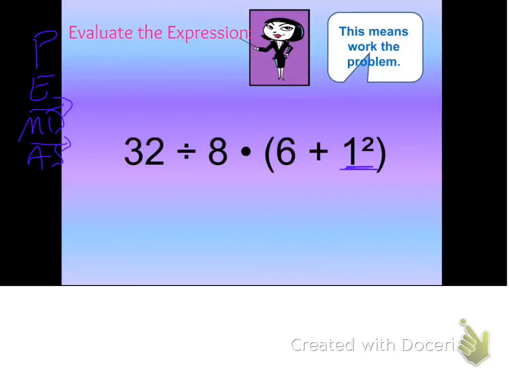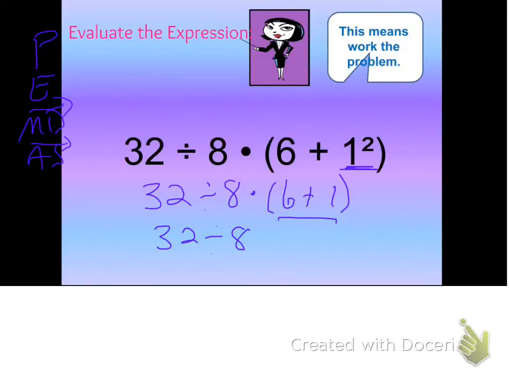So that's the first thing that I have to do. So I have 32 divided by 8 times 6 plus 1 squared is 1. Now I can take care of the parentheses. 32 divided by 8 times 7. Oops, get that little dot there better.